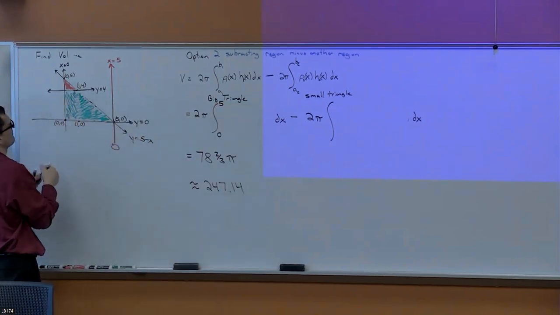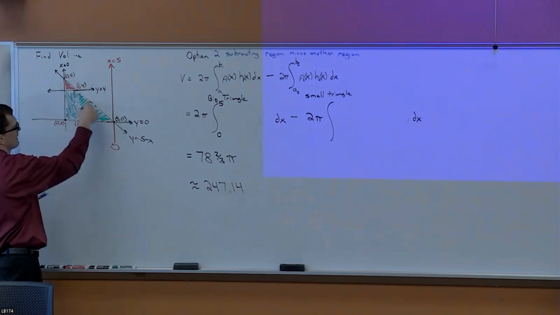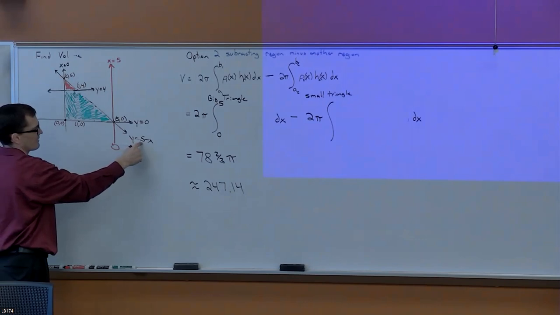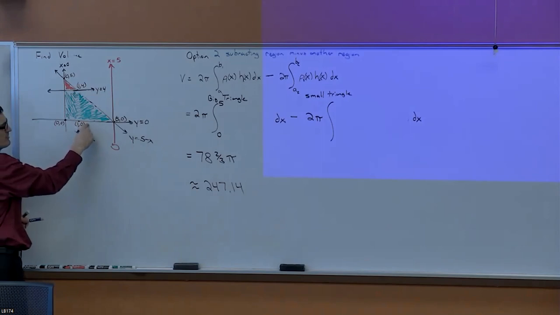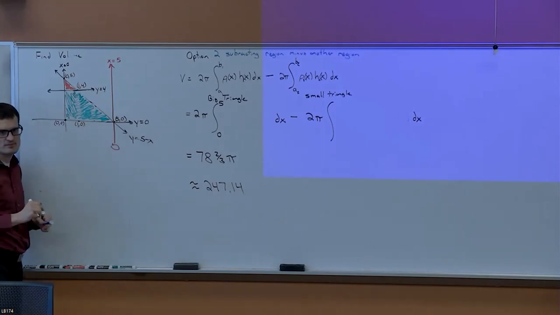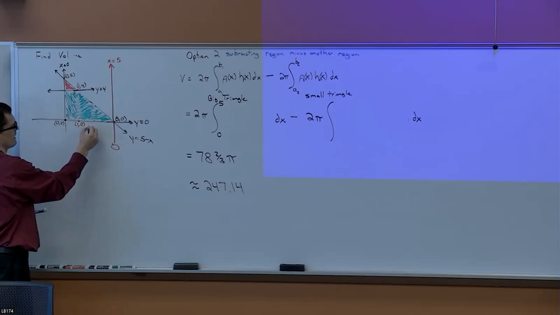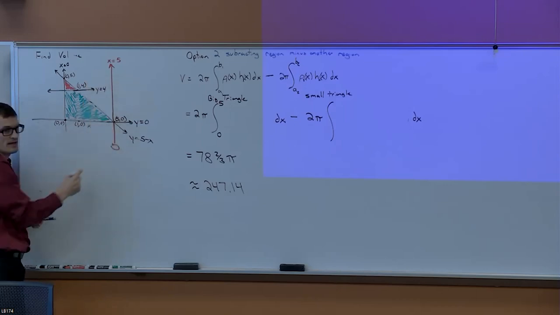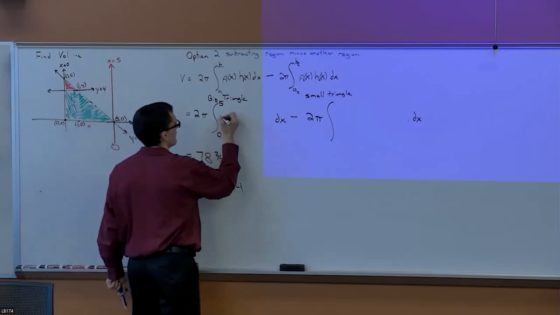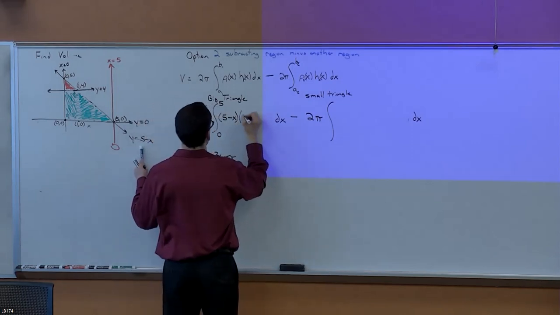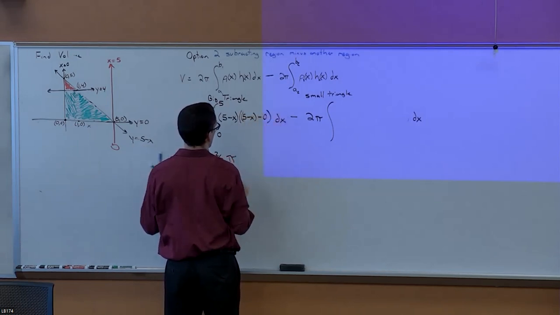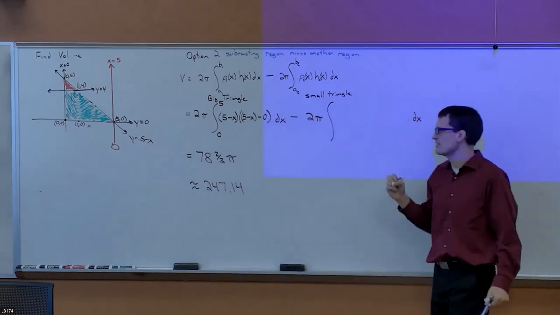No matter where you're at in the big triangle, the top of the big triangle is always y equals 5 minus x. The bottom of the triangle is always going to be y equals 0. So that's giving me my height. My radius is still just arbitrary x value to the line I'm rotating around. So my radius is still 5 minus x. My height is top of the rectangle down to bottom of the rectangle. 5 minus x minus 0.